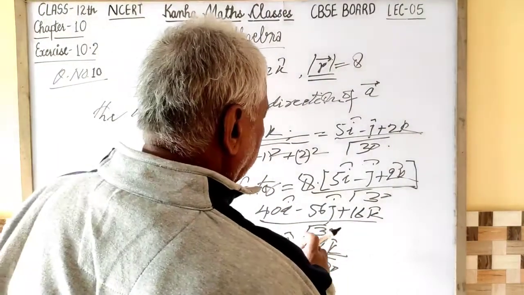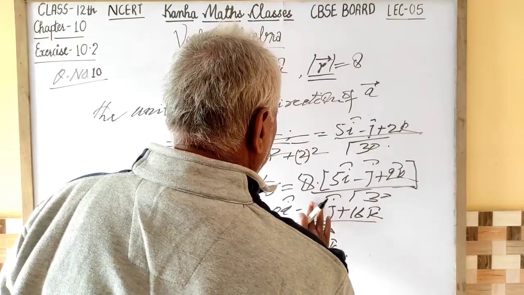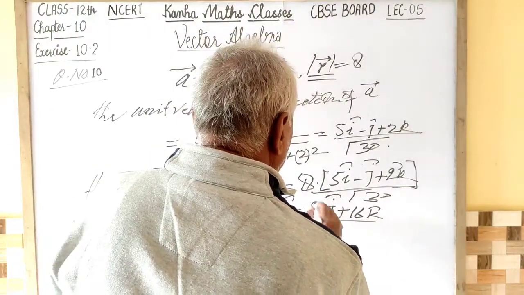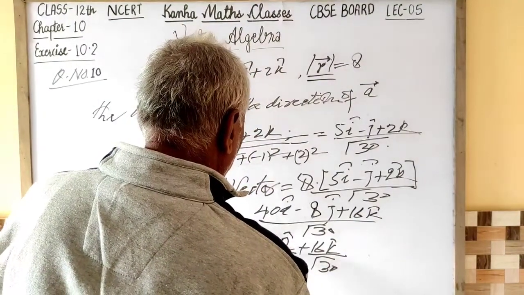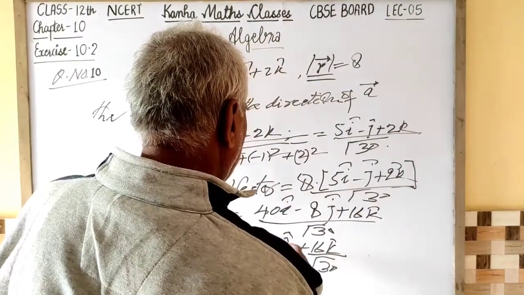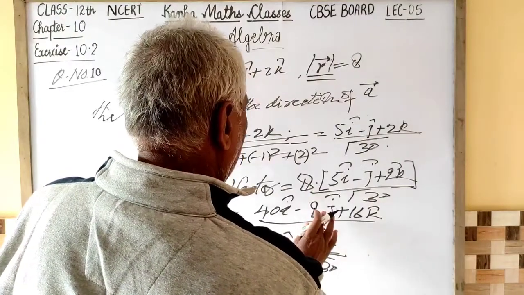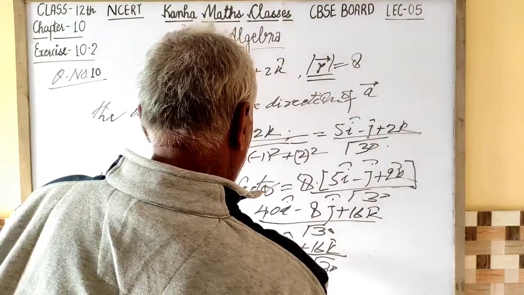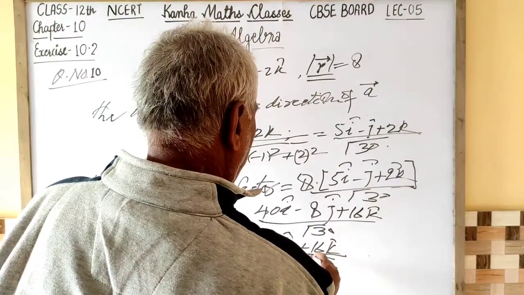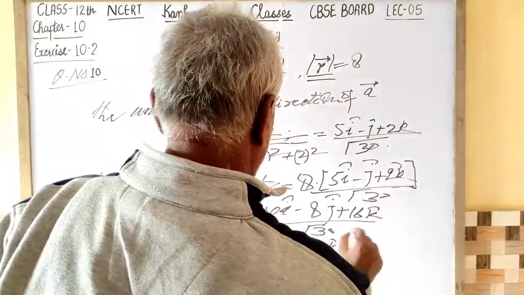Here we have committed a mistake: 8 times minus 1 will be minus 8, so minus 8j, and here it will be 16.